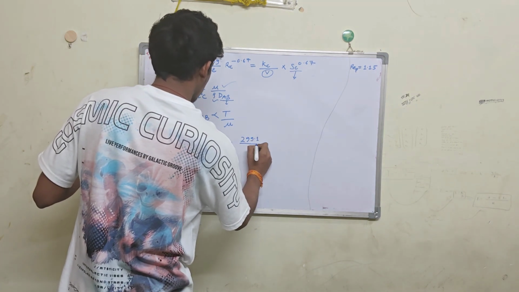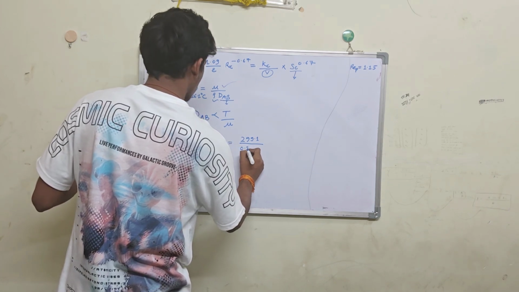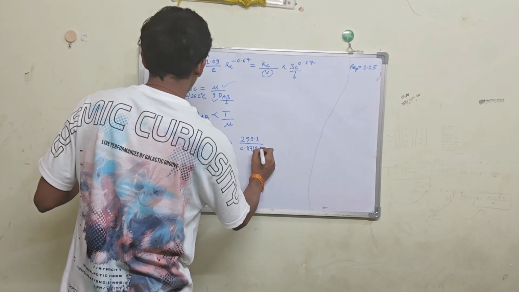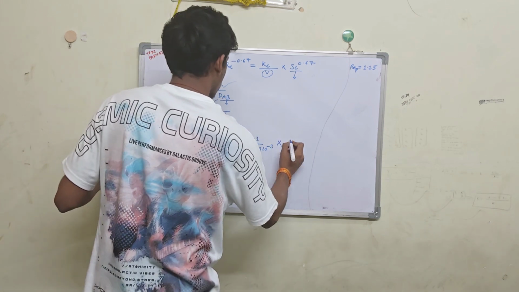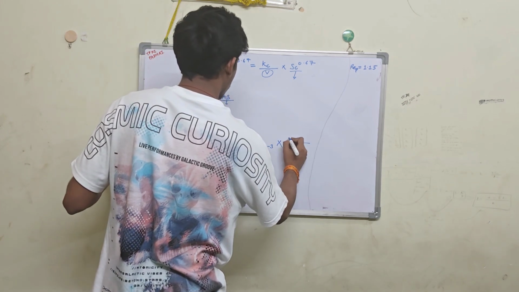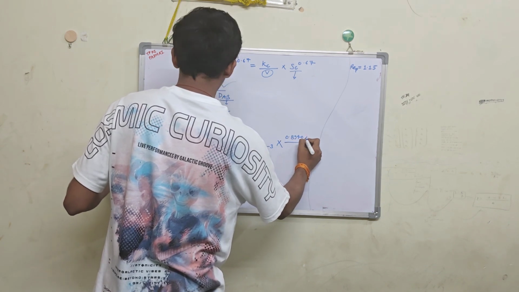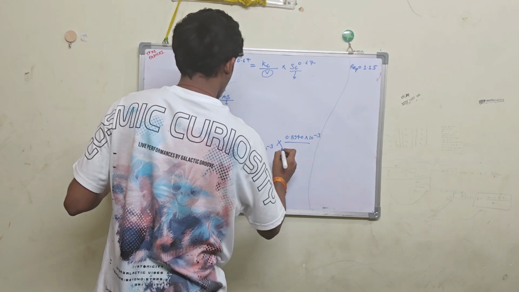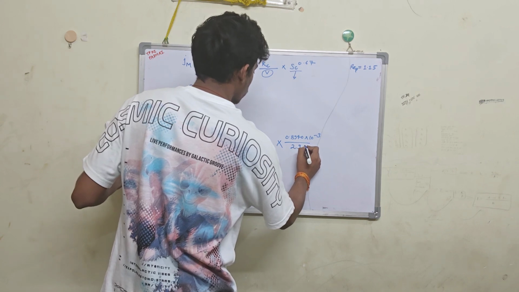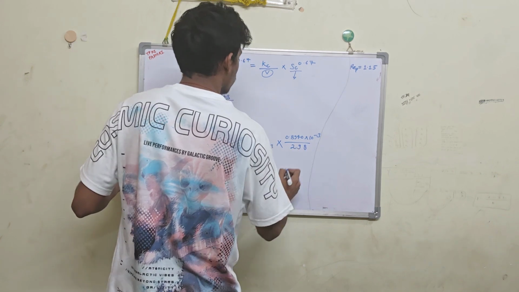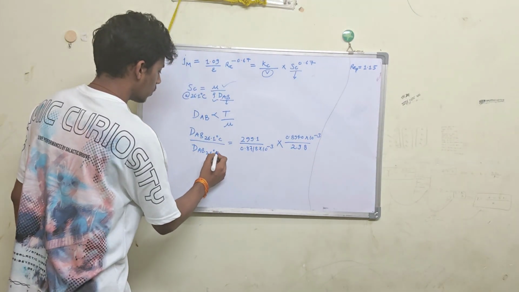299.1. Mu is given at 26.1 degrees Celsius, which is 0.8718 into 10 to the power minus 3. Mu at 25 degrees Celsius is given as 0.8920 into 10 to the power minus 3, and the 25 degrees Celsius into Kelvin is 298 Kelvin. This is given in the question.